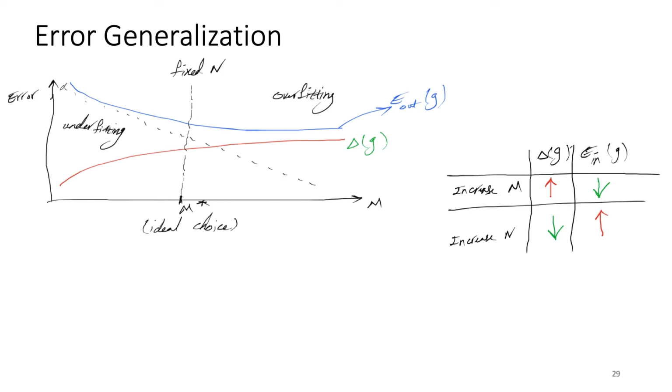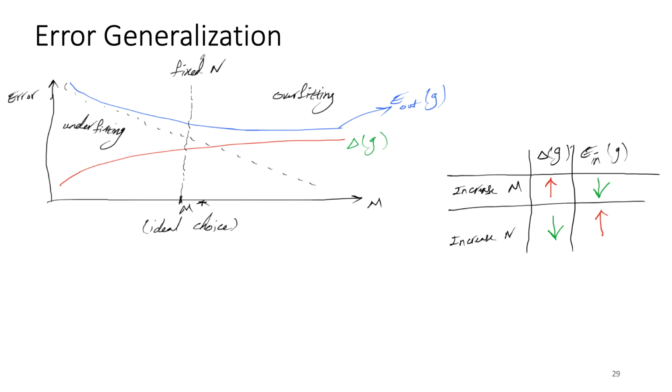The blue line that I asked you about some minutes ago was representing your out-of-sample error, and this represents your in-sample error. Later on, we're going to see what's normally the ideal choice of m given n is fixed.